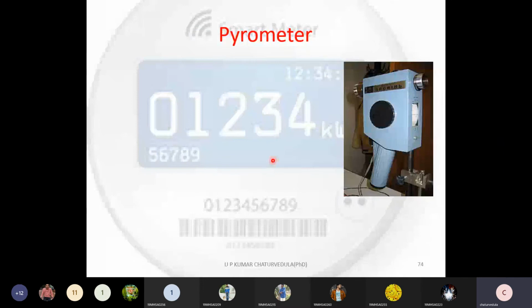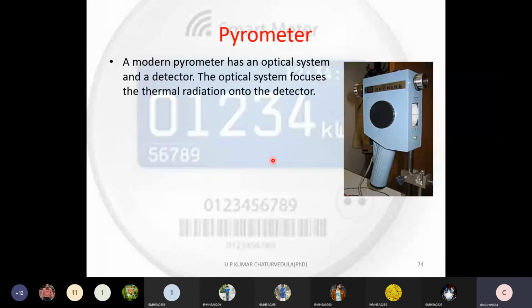A modern pyrometer has an optical system and a detector. Optical means vision, and pyro means fire in the Greek language. That is why the pyrometer came into the picture: thermal radiation is generated by a fire, and you can take the example of the sun.